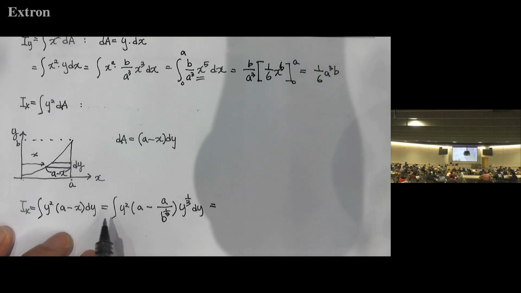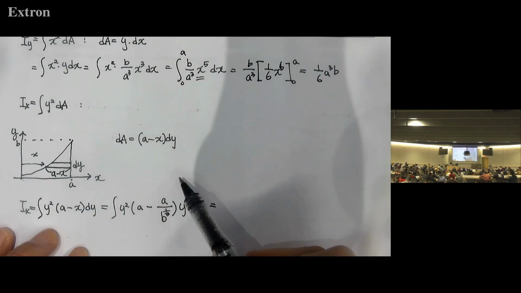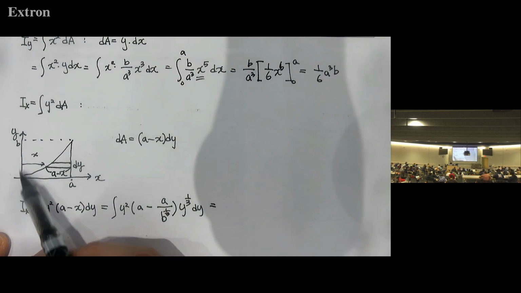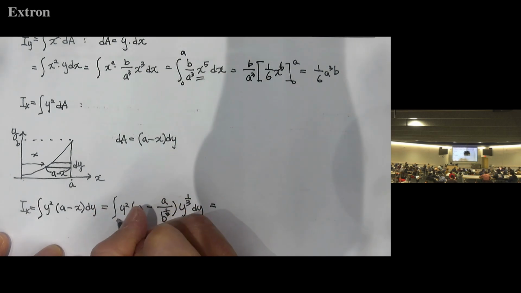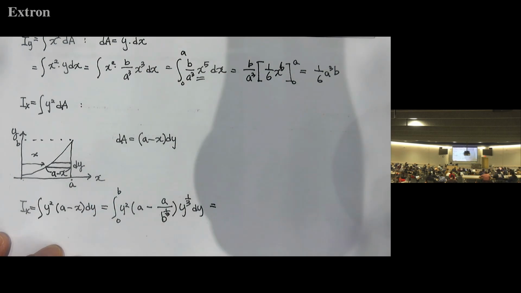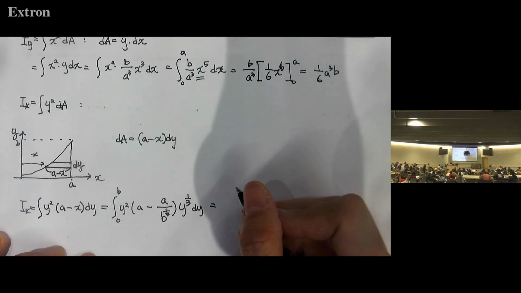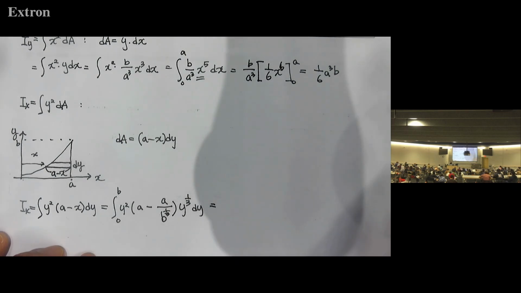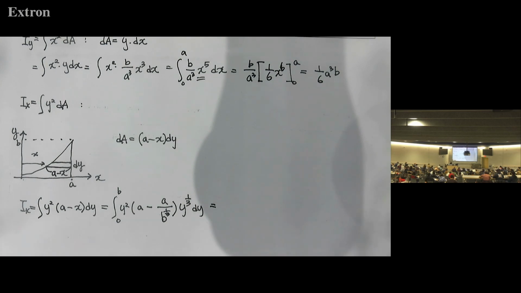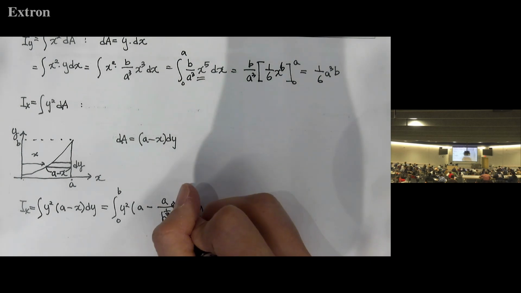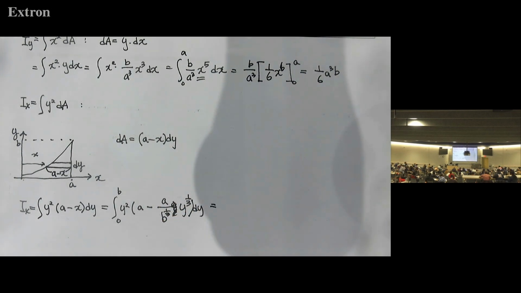Okay, and then it is integration in terms of y, so the integral interval should be from 0 to b, and then conduct the integration. Something wrong. Yep, so it should be like this, right?